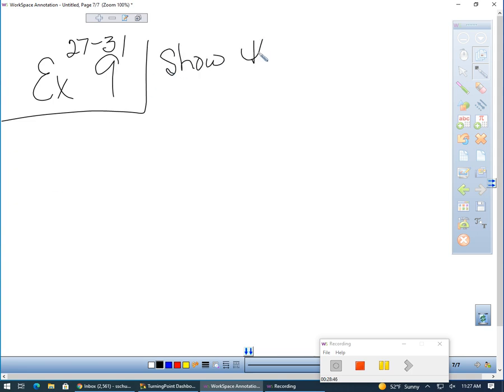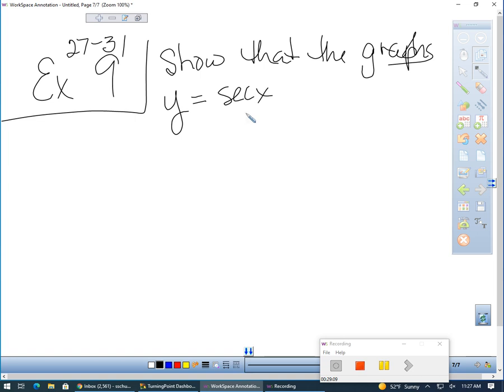Show that the graphs of y equals secant x and y equals cosine x have horizontal tangents at x equals 0.